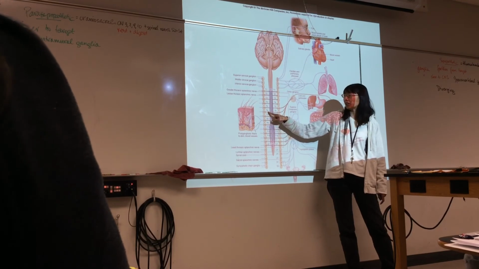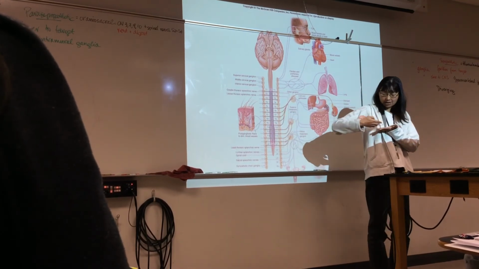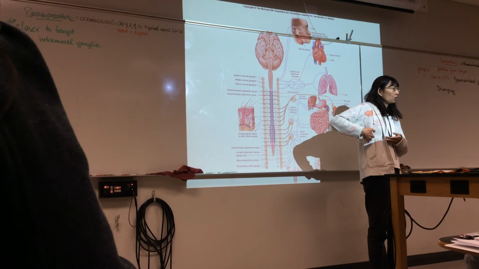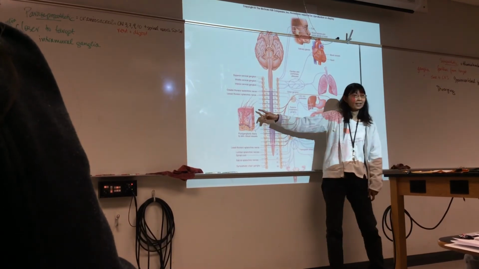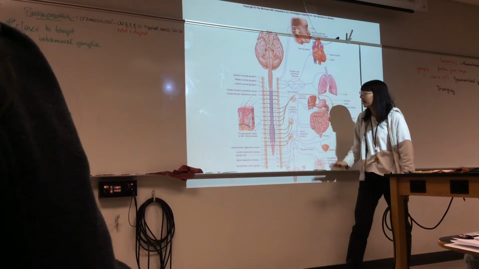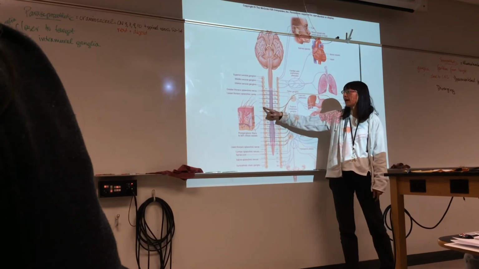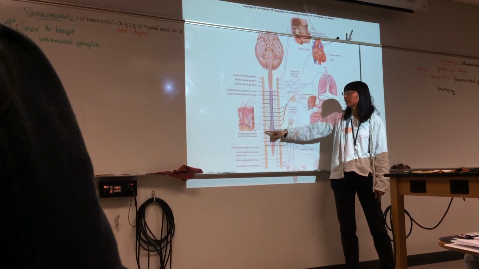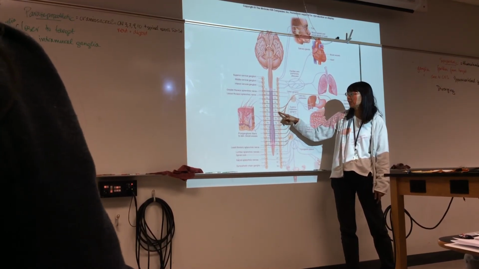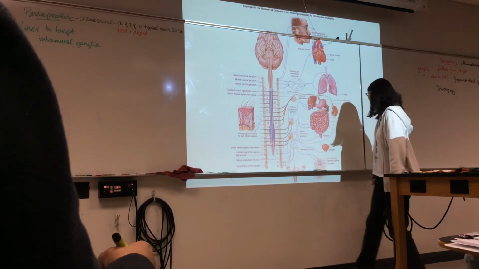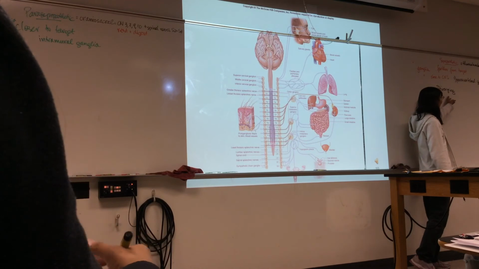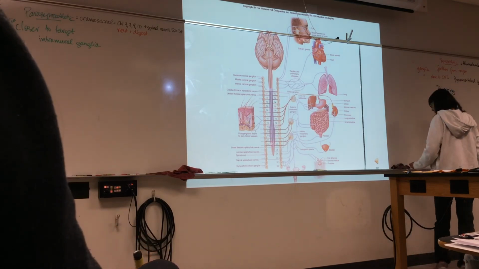Yeah. Now at T6, we're right here, correct? So it might go out to the intercostal nerve along the way, right? Okay. But must it synapse at the sympathetic chain? Did it synapse here? No.